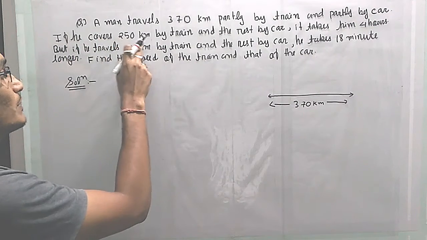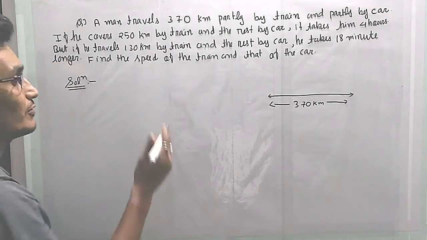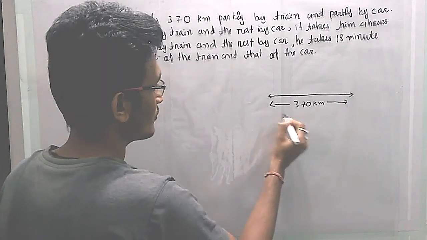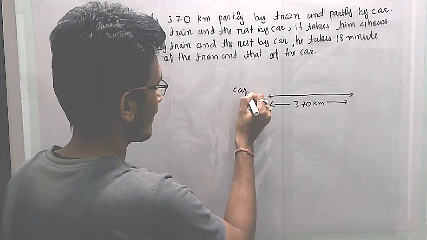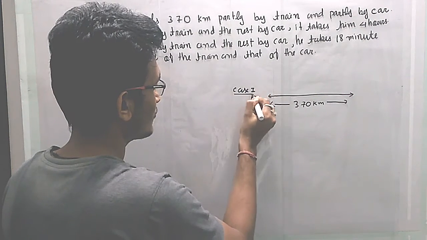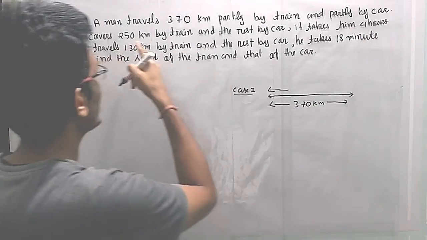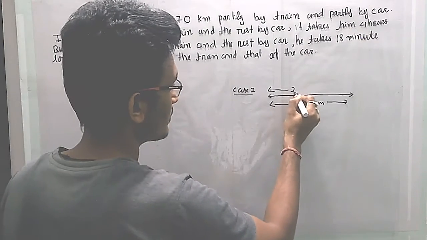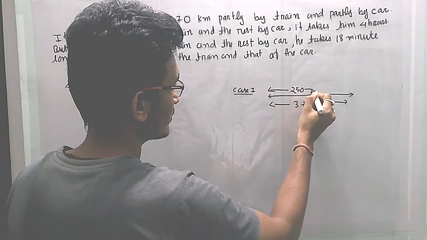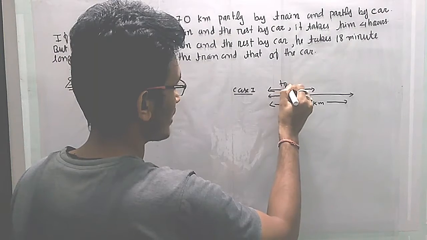If he covers 250 km by train, suppose this is case 1. In case 1, the distance traveled by the train is 250 km.